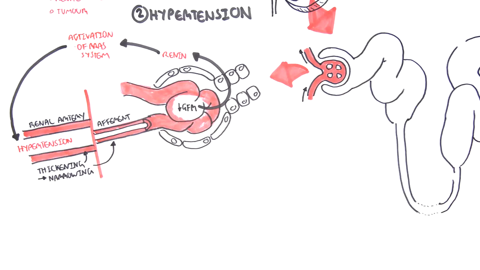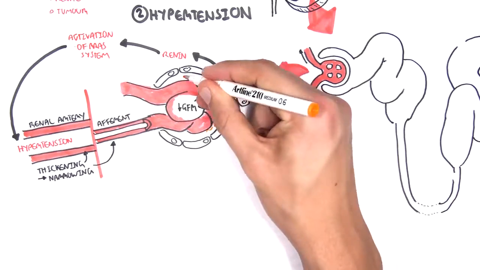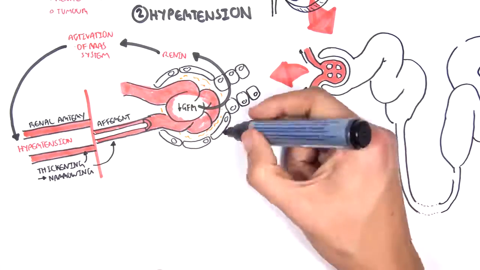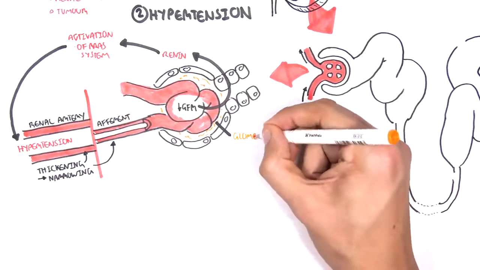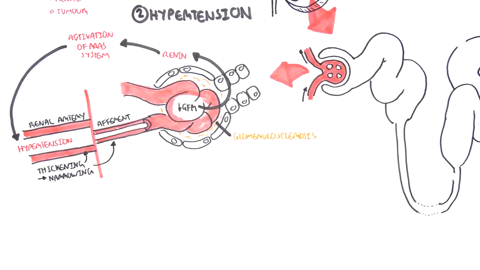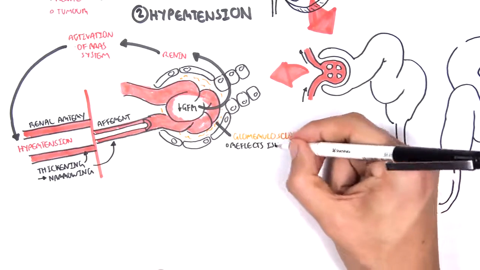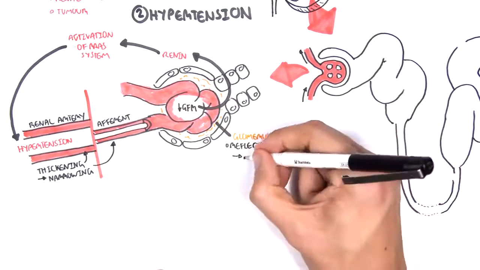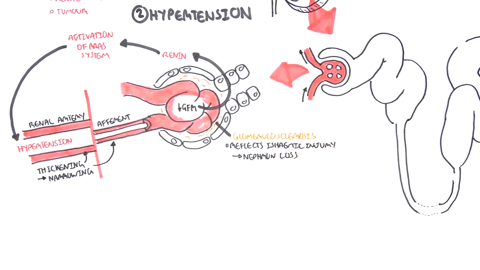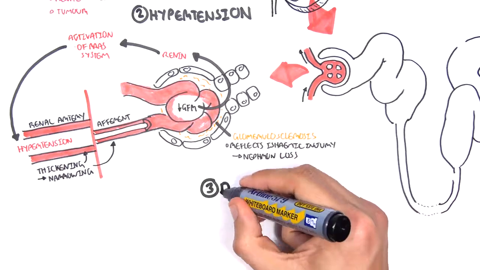There is further vessel thickening and vessel narrowing, so it's a vicious cycle. This all eventually leads to glomerular sclerosis, which is thickening and hardening of the vessels in the Bowman's capsule, in the glomerulus itself. Glomerulosclerosis inevitably leads to ischemic injury and so loss of the nephron itself.